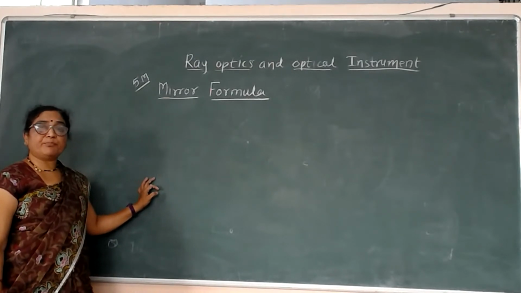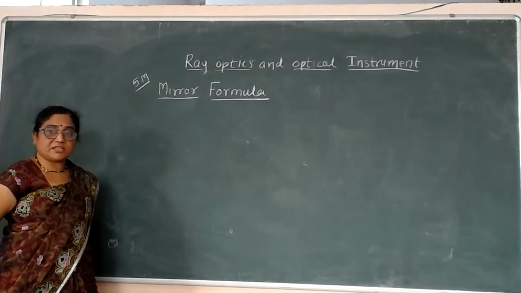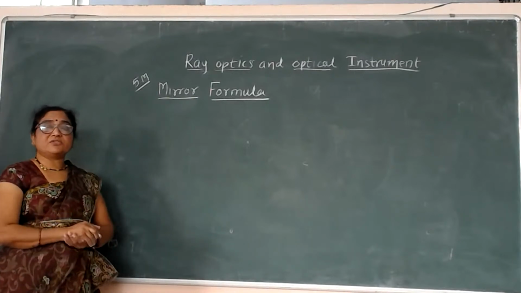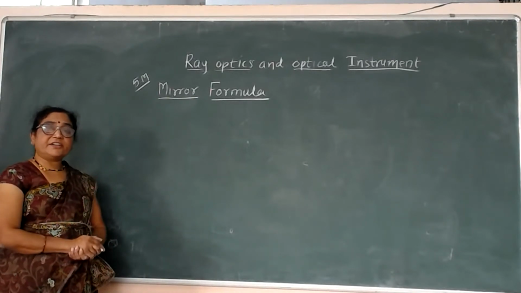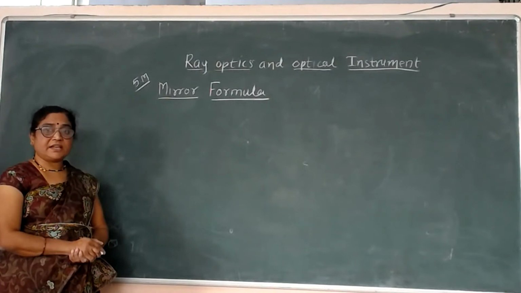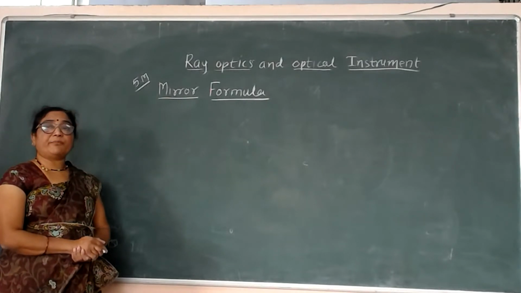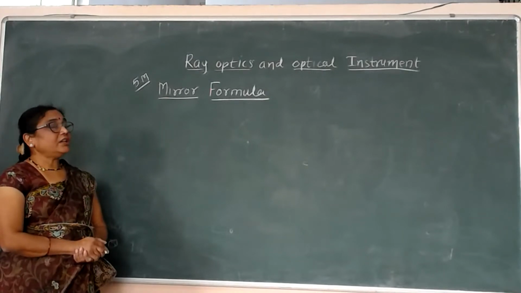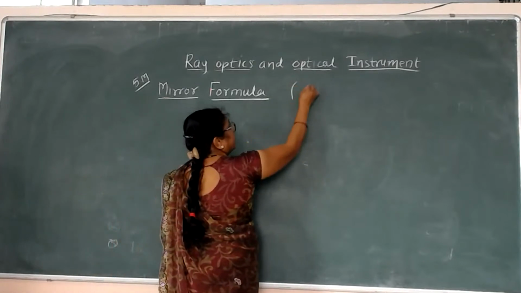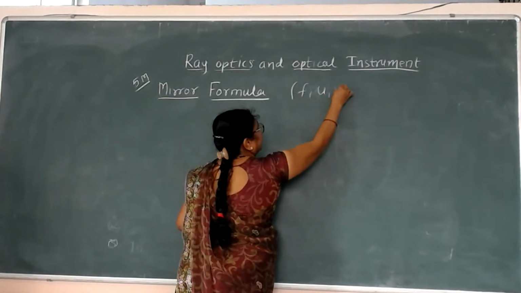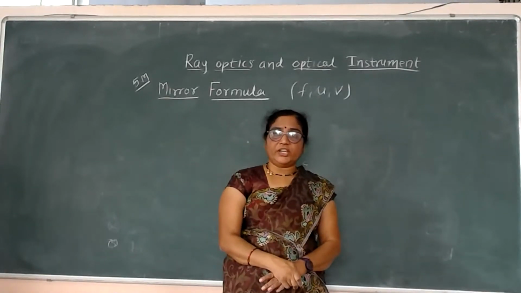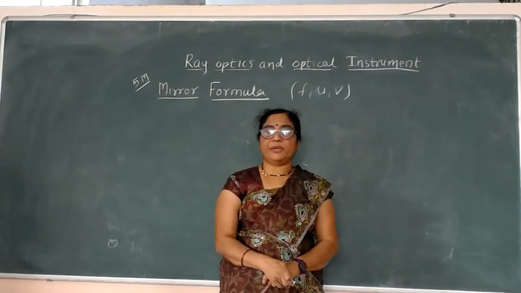The distance between the pole and the principal focus is known as the focal length. The distance between the object and the pole is the object distance, and the distance between the image and the pole is the image distance. All three are denoted by F, U, V. We derive the relation between F, U, V, which is known as the mirror formula.